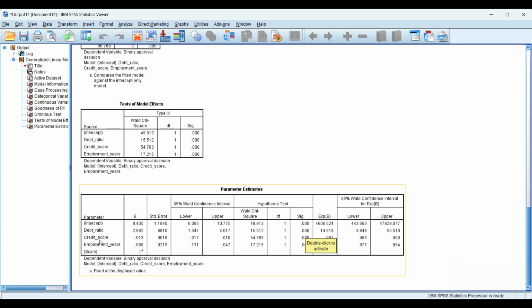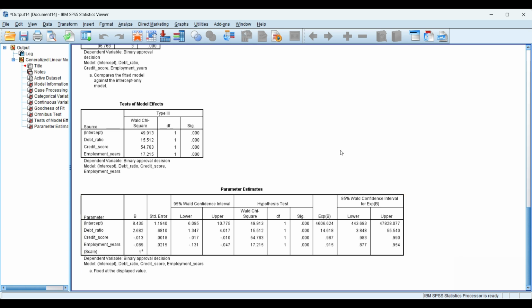If we see the employment years, it was also a significant negative predictor of loan approval because the p-value is also less than 0.05 and the unstandardized beta is negative 0.089. So it means applicants with longer employment histories had a lower probability of rejection and a greater probability of approval.